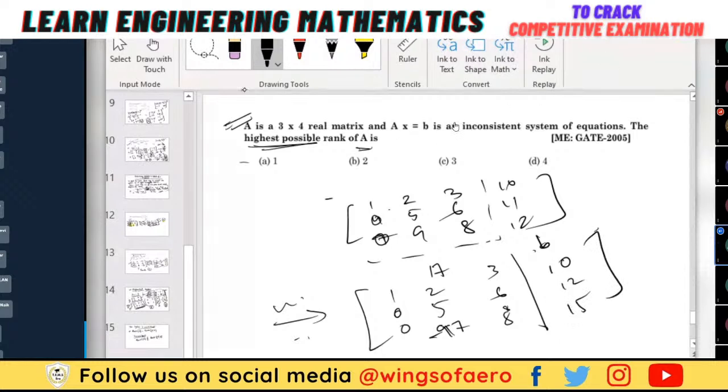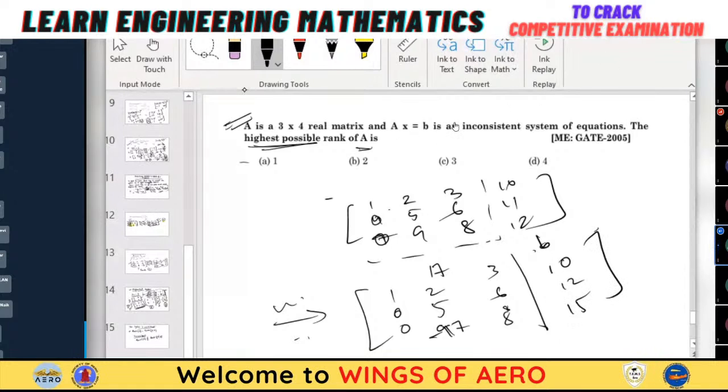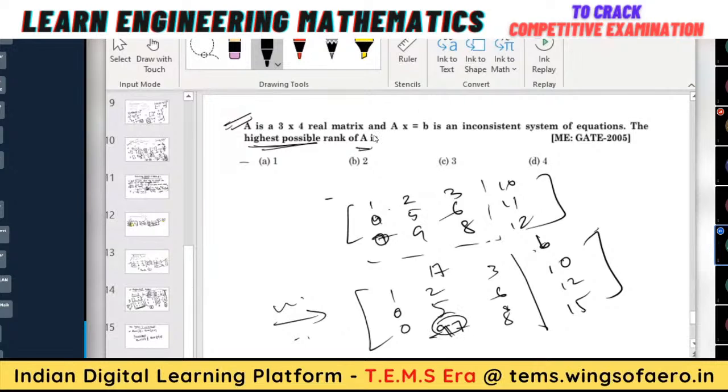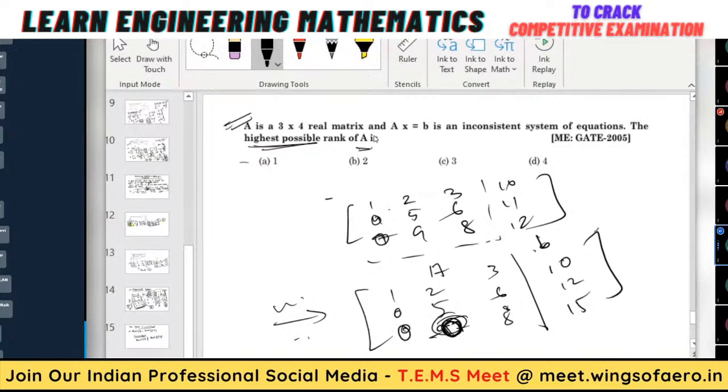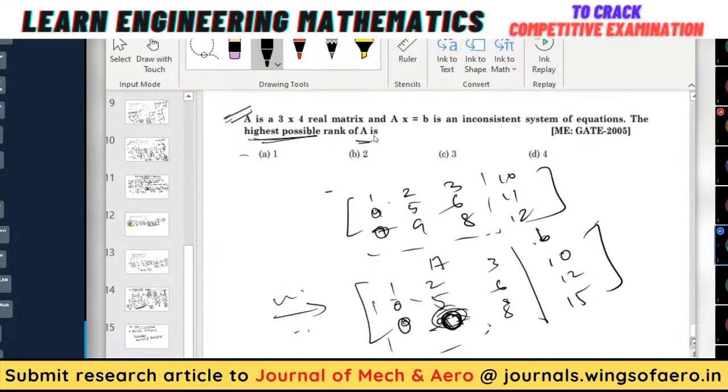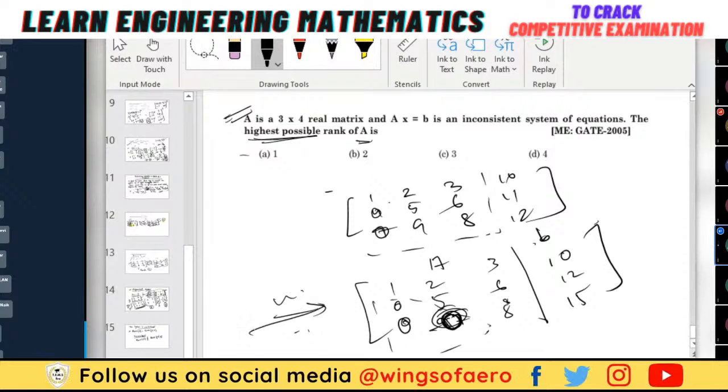What is your second duty? To make this element 0. So after making this element 0, suppose you get this upper triangular matrix. No other operation is left.